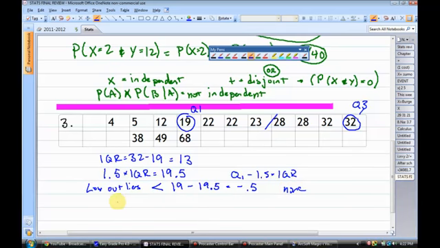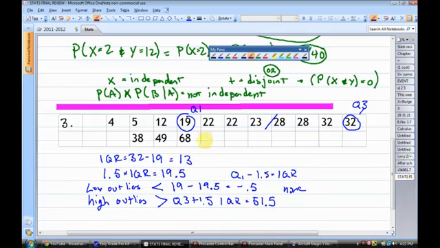None. How many high outliers? Any high outlier is greater than Q3 plus 1.5 IQR, 51.5.